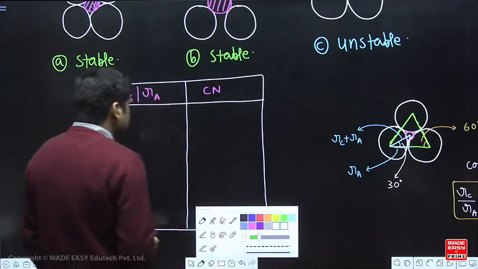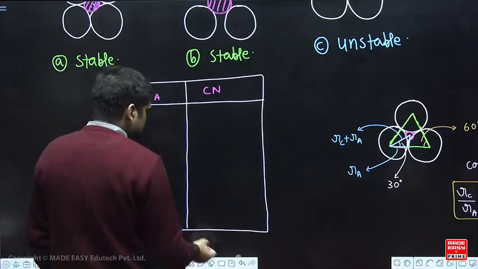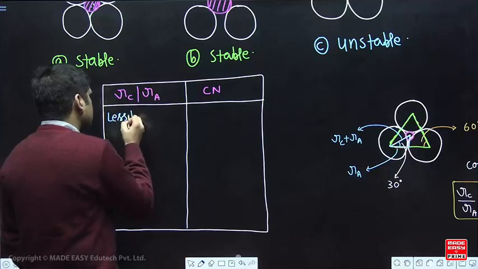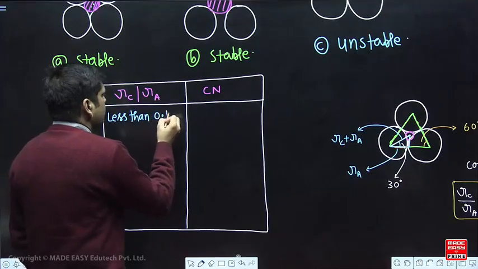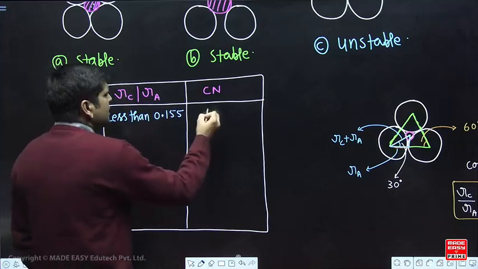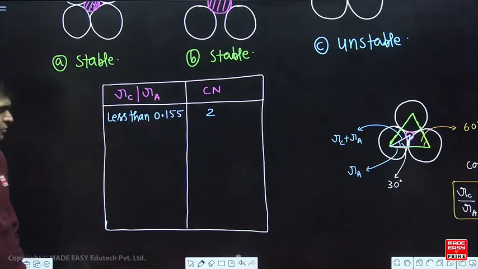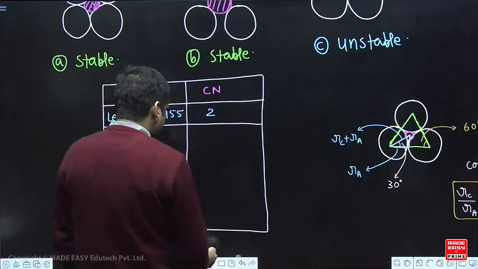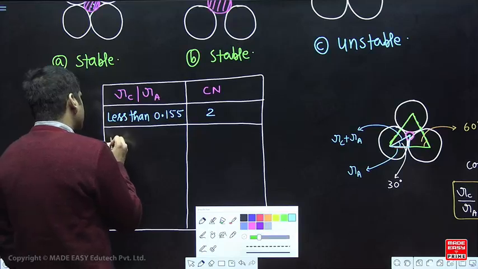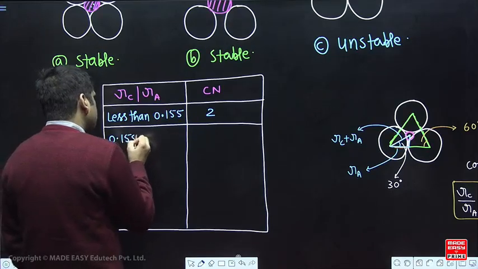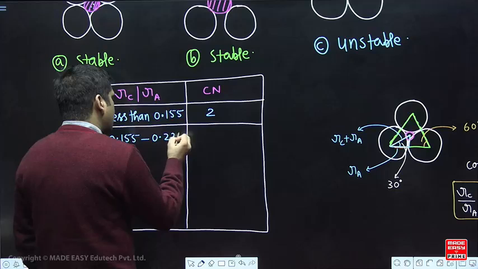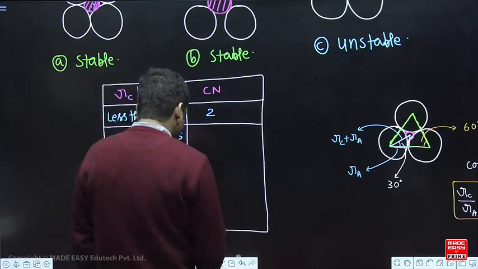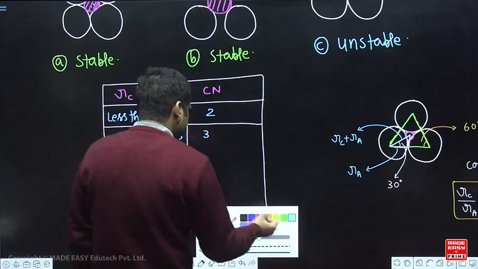If RC upon RA is less than 0.155, then it would be a linear structure and the coordination number will be 2. But if the radius ratio is from 0.155 to 0.225, then the coordination number will be 3.